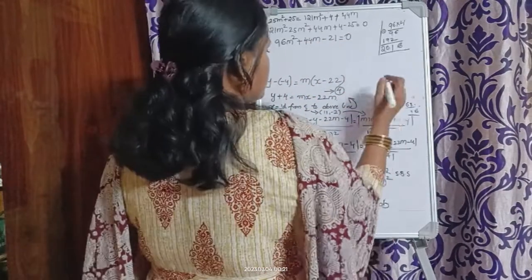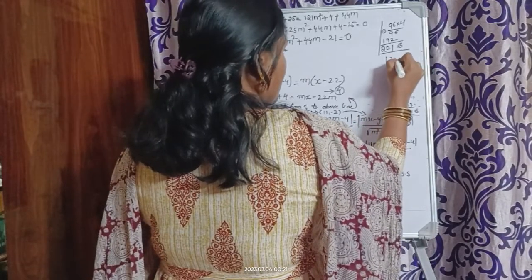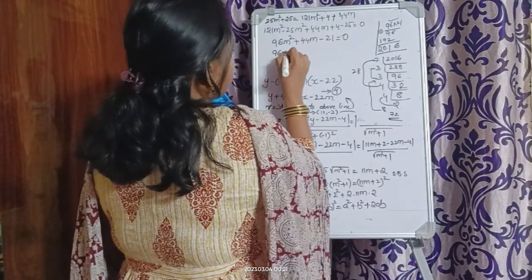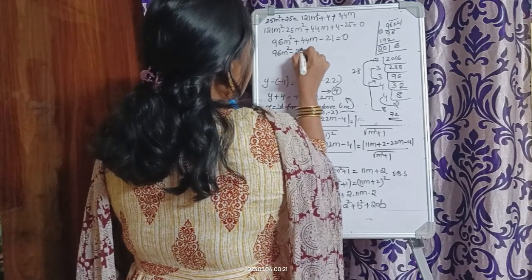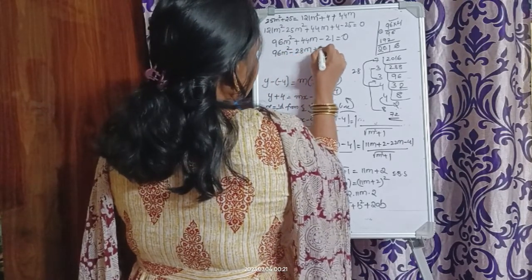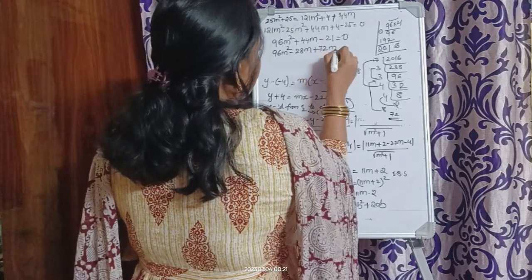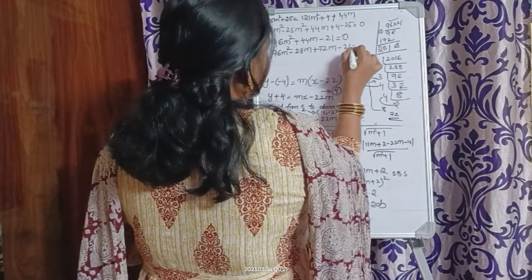Now, splitting the middle term, 28m plus 72m minus 21 is equal to 0.